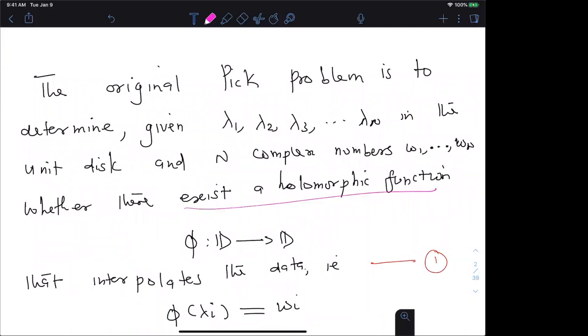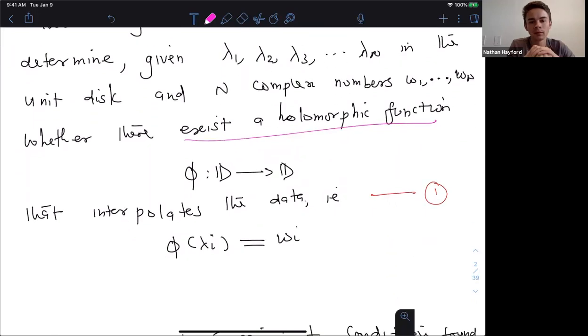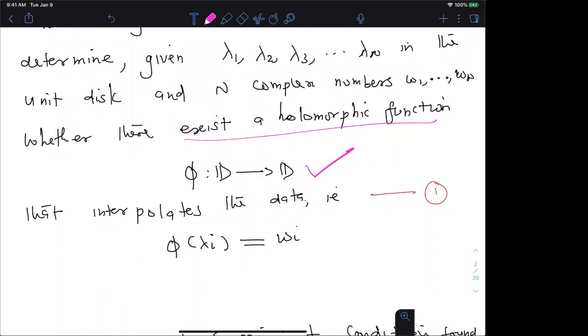But you can just say there exists an interpolating polynomial and then be done, right? Because you can approximate the holomorphic. Wait a minute. It's the condition below that's important, right? The disk to the disk. Not all polynomials do that. So, okay. This holomorphic function must have a norm of at most 1.